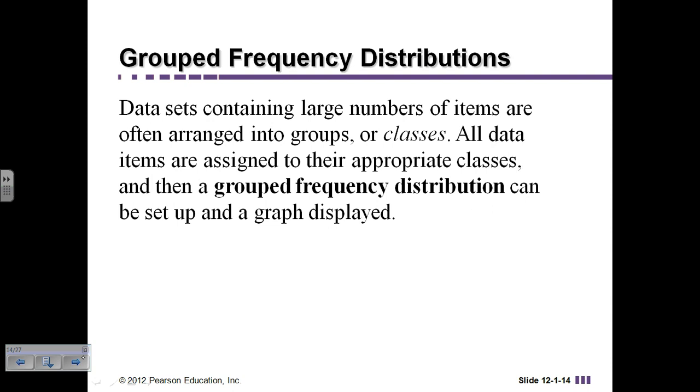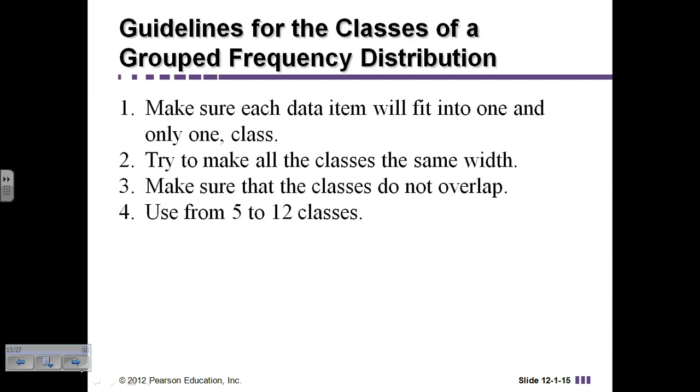So what you have to do with the frequency distribution is do a little bit of an analysis here and figure out how many sets of data you want to fit into each category. And then you want to try and make the categories or the classes as equal in size as possible. And you want to make sure that there's no overlapping. And you want to try and have between 5 and 12 classes or groups as you go through this. So I think the best way is just to show you an example.